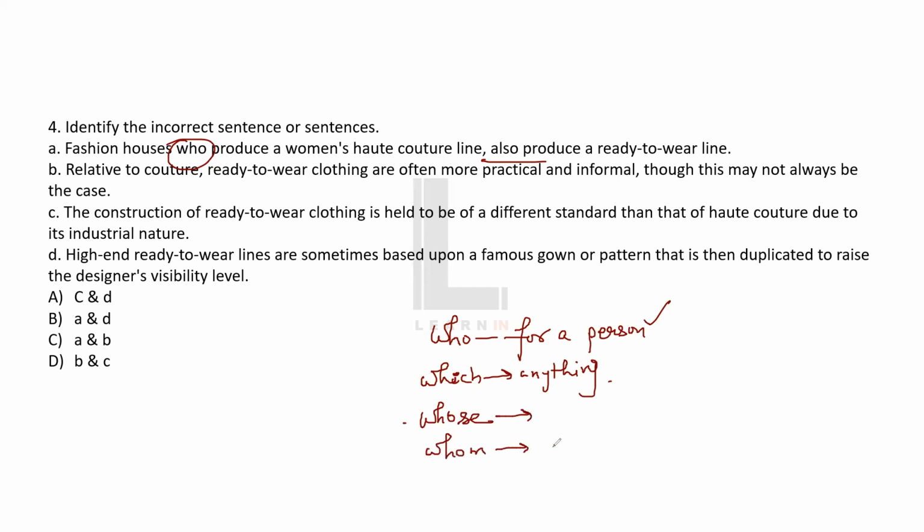Whom can come only for a person. Where can come only for a place. So remember this. Write it down. Done. Easy. Remember this, it is often repeated.